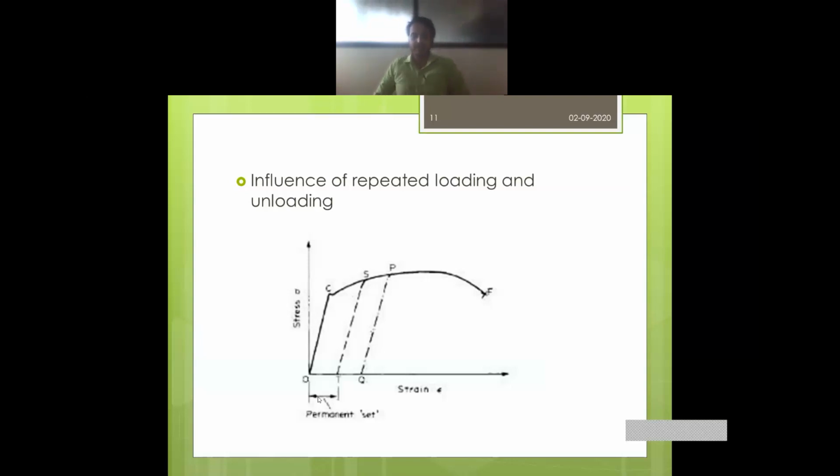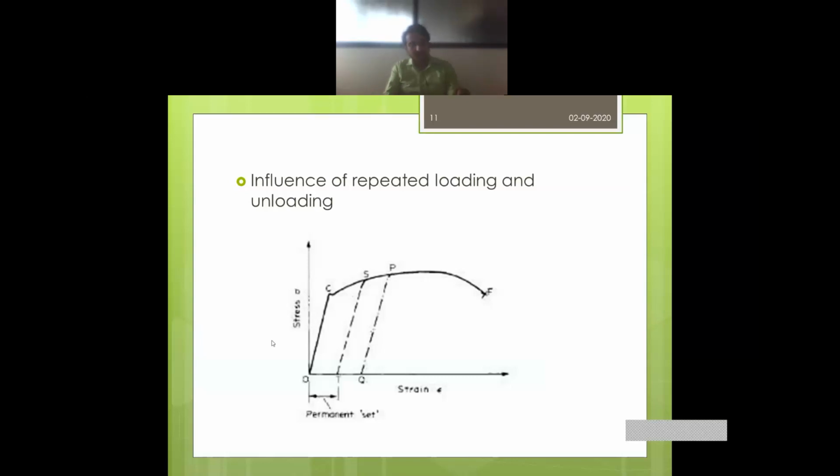If it had been within the elastic limit, it would have come back to its original position. It is beyond the elastic limit, that means your member is in the plastic state. In the plastic state, the strain is not coming back. So there is permanent deformation of the material, and it cannot be undone. That is what we can observe.